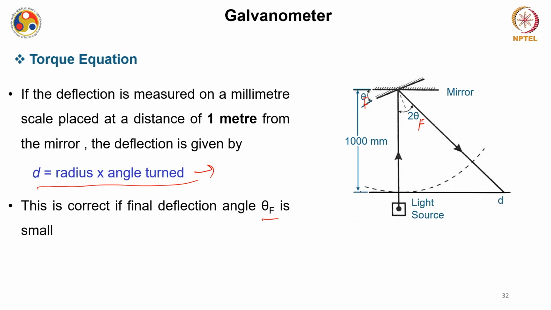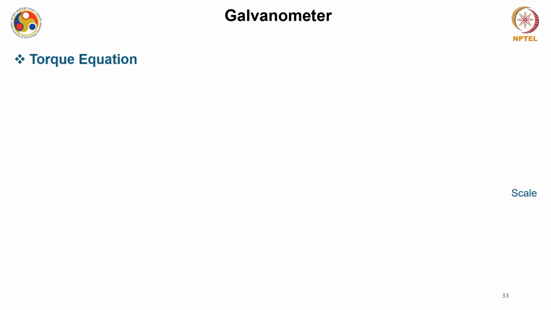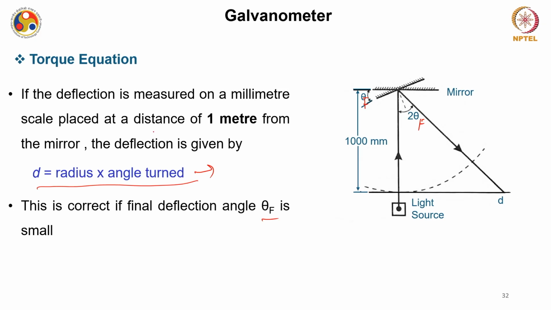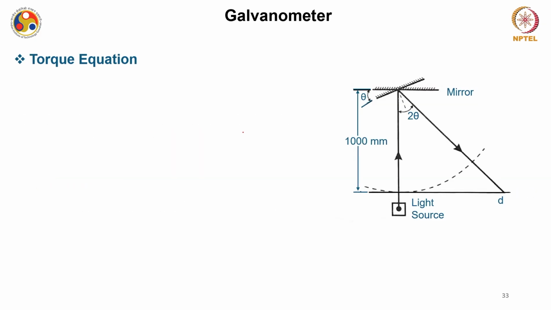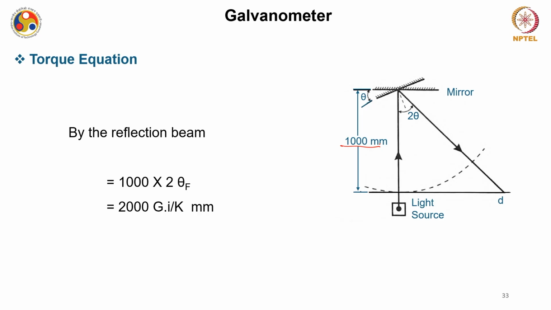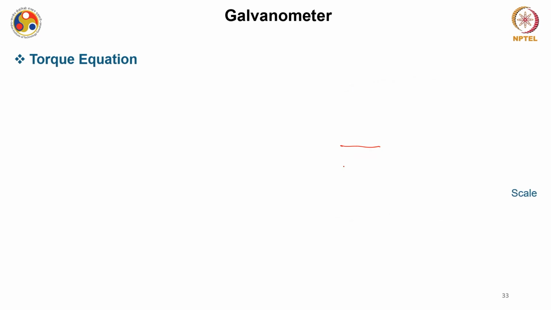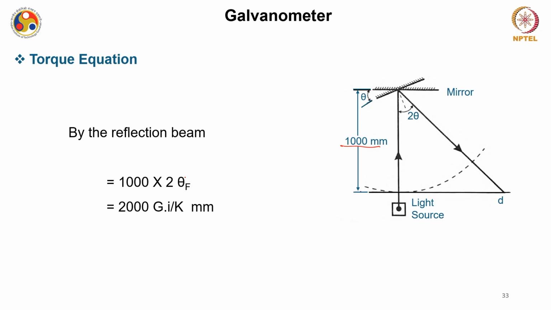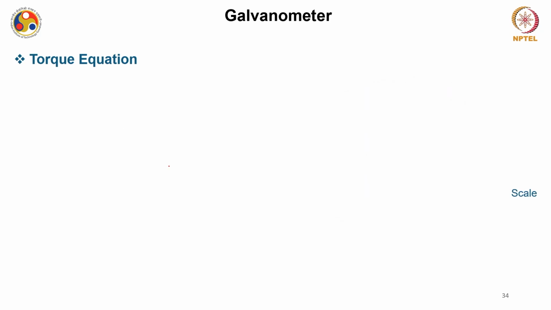When theta f is very large, the deflection equation may be wrong. We have already considered the scale to be at a distance of a meter, which is 1000 mm. So this 1000 mm is multiplied by the angle turned, and in place of theta f I am writing 2 theta f.